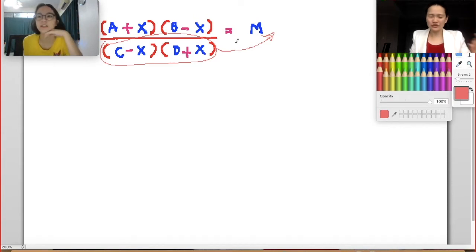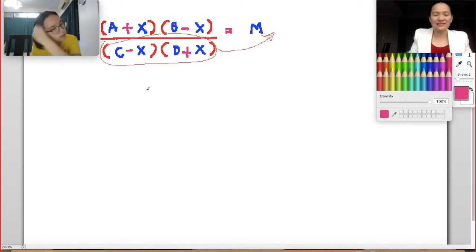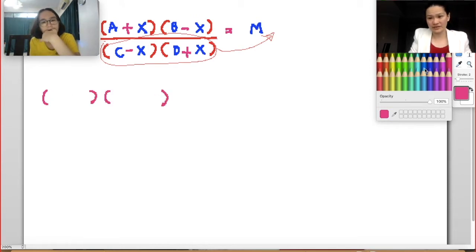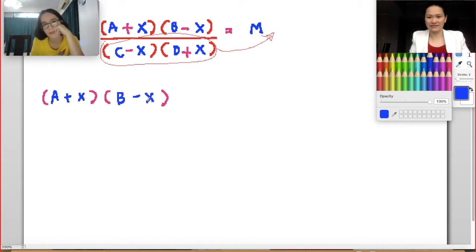So, what I'm going to do is keep a plus x multiplied with b minus x in the same place, but then what we're going to move is this term up here.